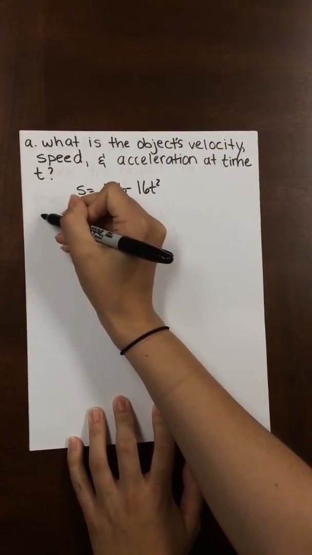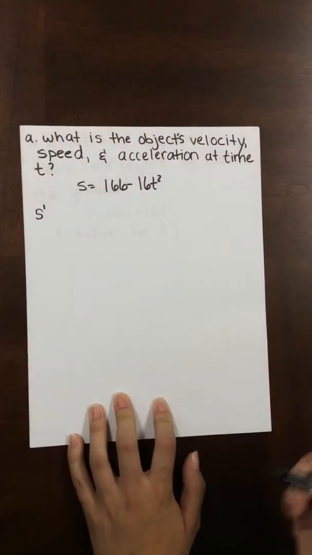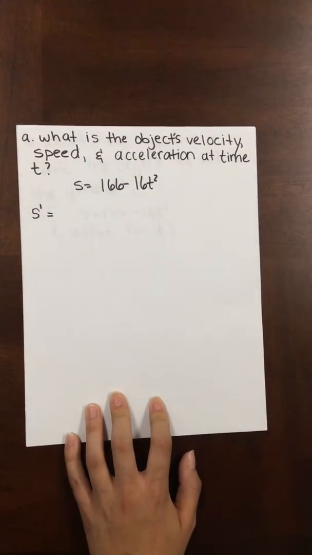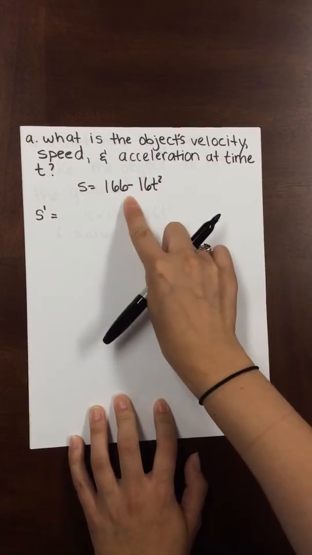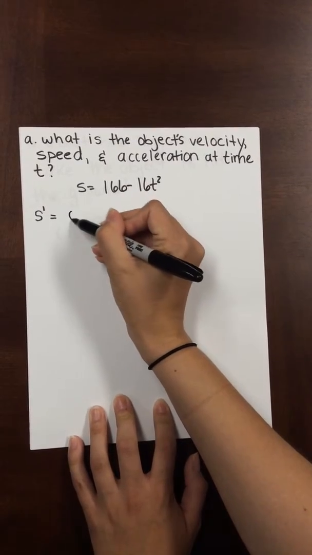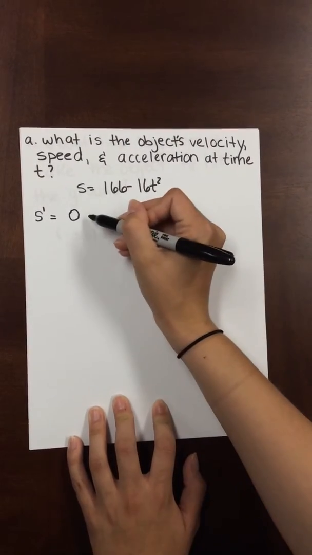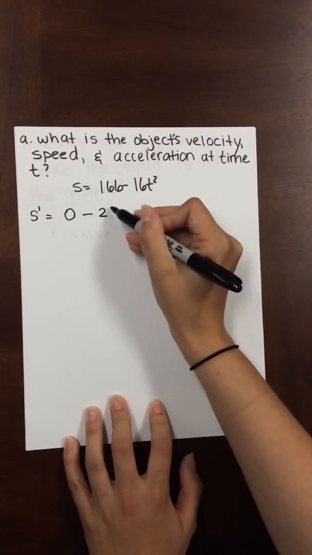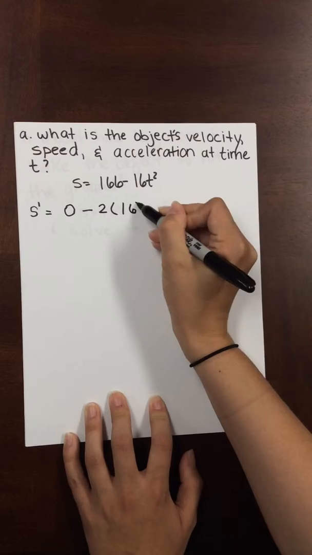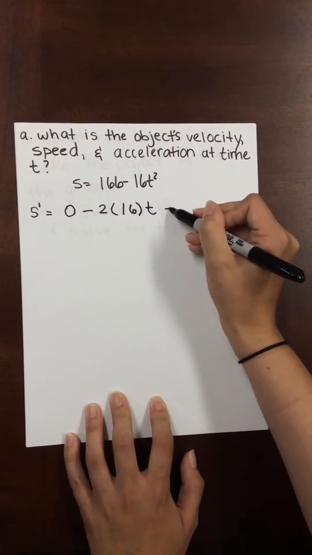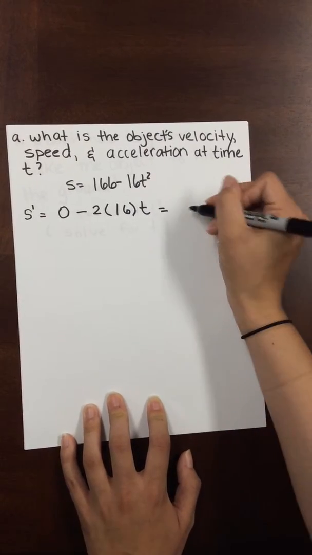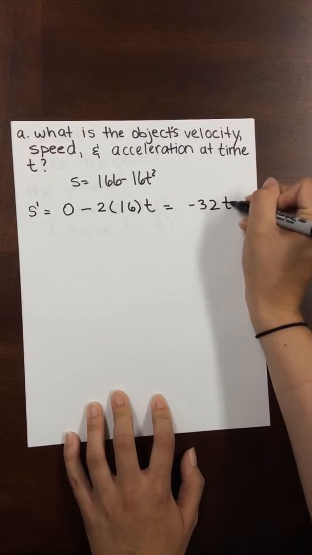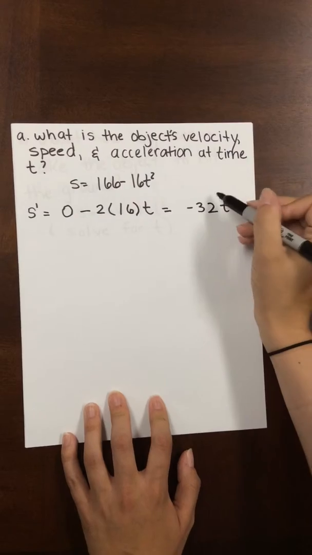So we're going to find s prime. To find out what that equals, we just use our derivative rules. We know that 166 just zeroes out. Minus, I'm going to bring that 2 down, so we have 2 times 16t, which is equal to a negative 32t. And that is our object's velocity.